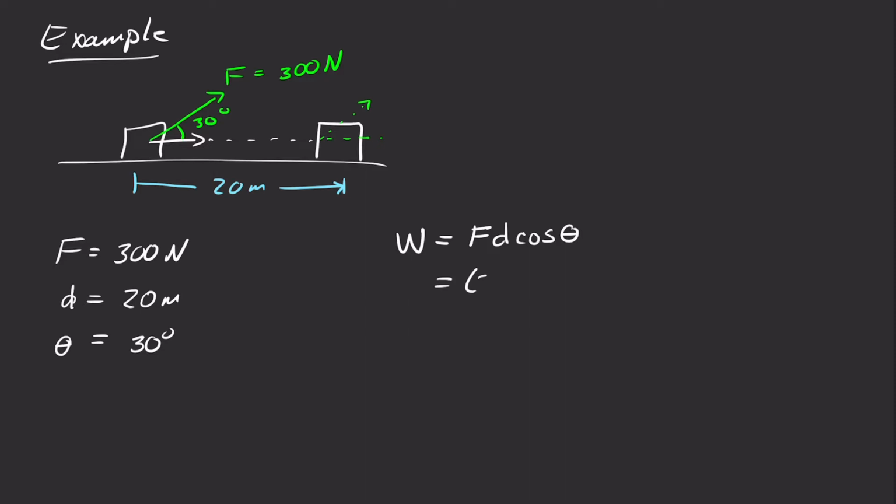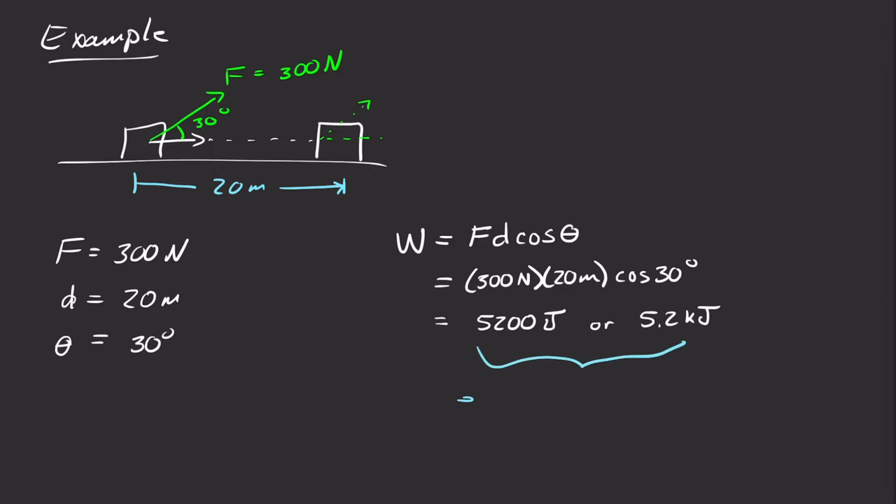So we can plug in: 300 newtons for our force times a 20 meter displacement times cosine of 30 degrees. If we do this, we get 5,200 joules, or 5.2 kilojoules. So we often get pretty big numbers for joules, units of work or energy. Joules is a small unit of energy, and it's positive.